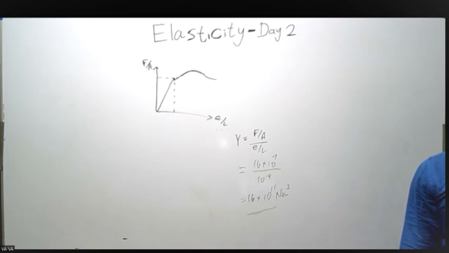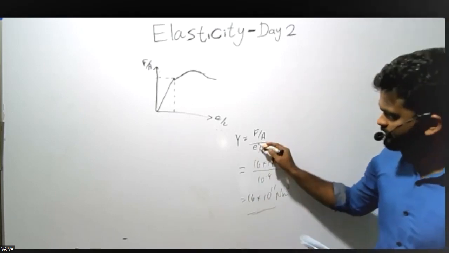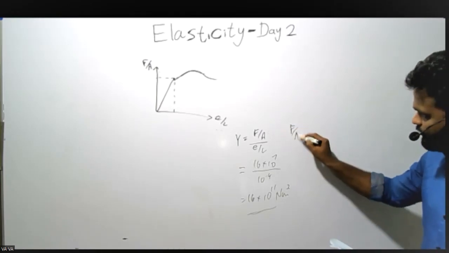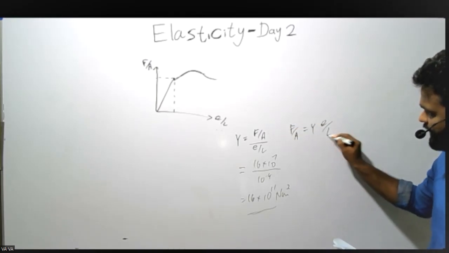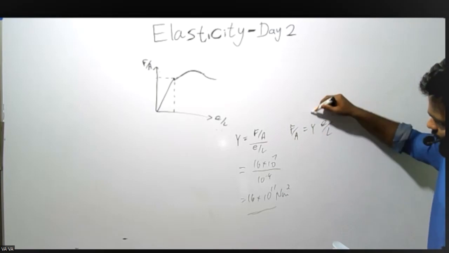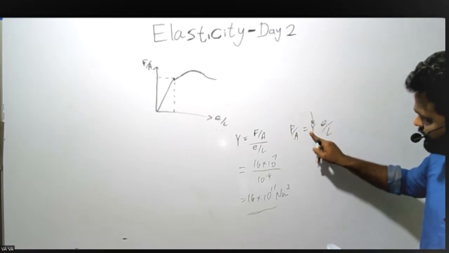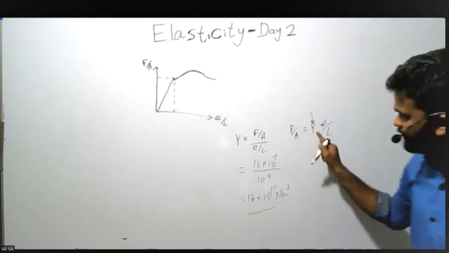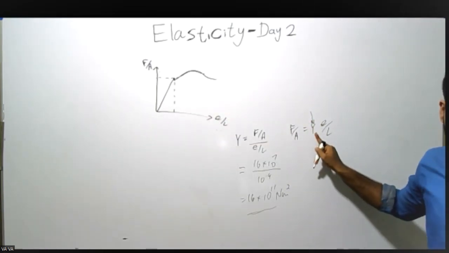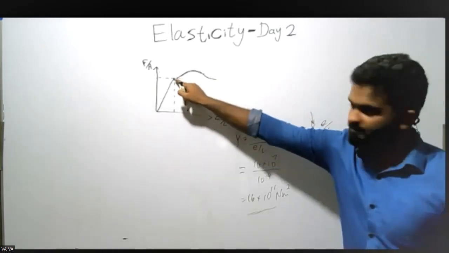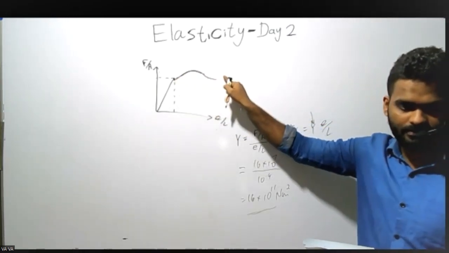Yeah, because you can only apply this equation, F over A equals Y times e over L, when the gradient of this graph is a constant. Y is the gradient. Gradient should be a constant, but after that the gradient is not constant, right?